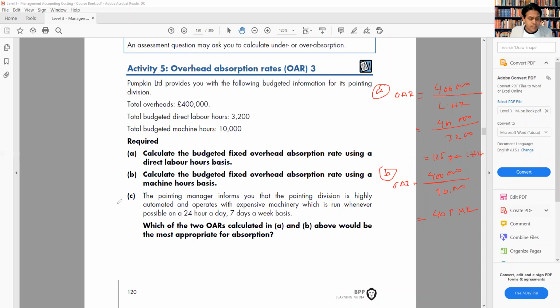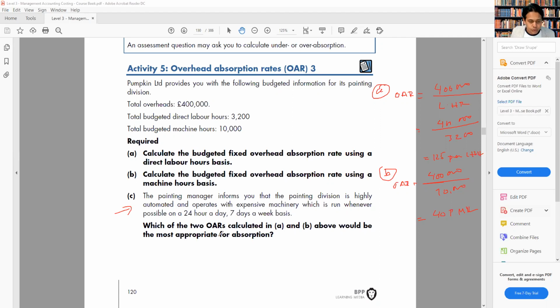Then the next one, number C, is asking: the painting manager informs you that the painting division is highly automated and operates with expensive machinery, which is run whenever possible on 24 hours a day, 7 days a week.